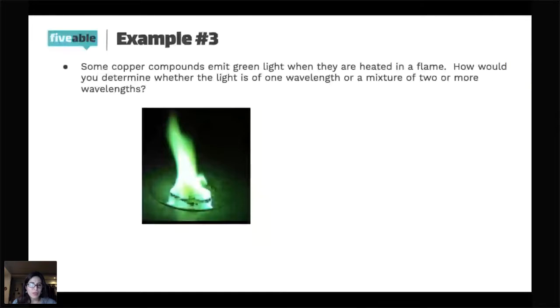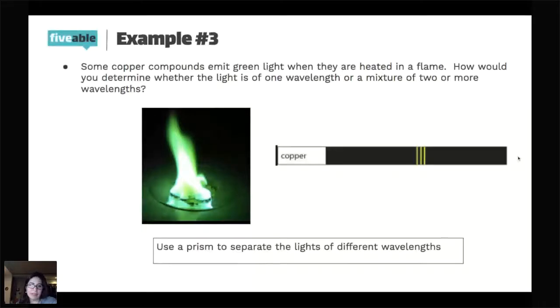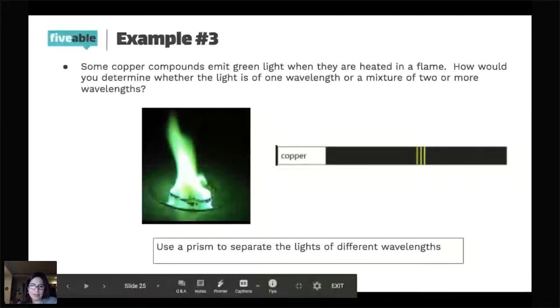What would you need to split the light into wavelengths? Okay, you will need to watch the light formed by burning copper through a prism, and if it's copper, you will see more than one line. So you will use a prism to separate the lights of different wavelengths, and that's how you can tell.